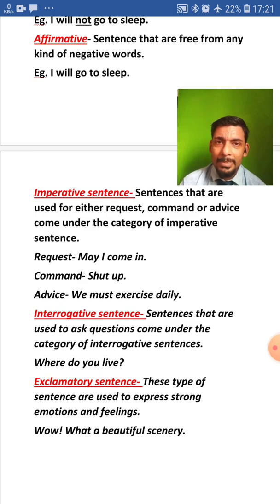In the third example, where I have written advice, the example that I have given is, we must exercise daily. Now, one thing to note, my dear students, the advice that I am giving someone of exercising daily is not compulsory. It is upon his or her wish whether to pay heed to the advice or not.